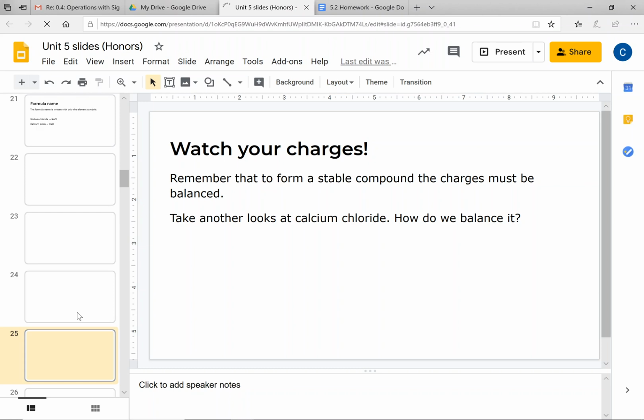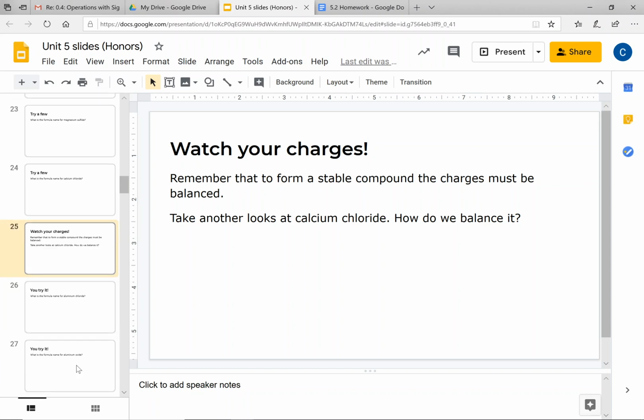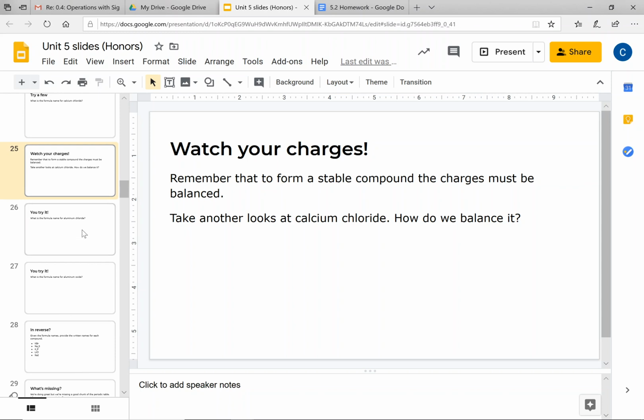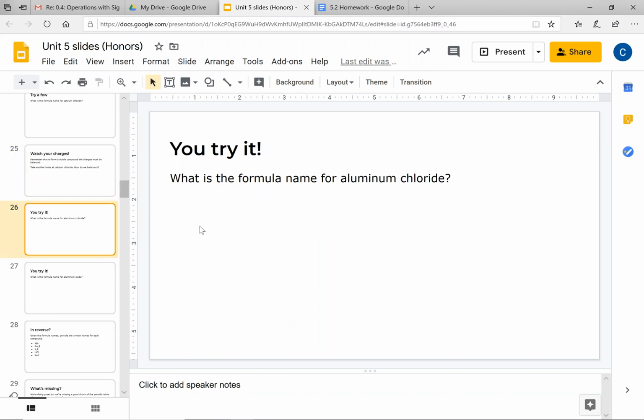We're going to try another one of these right here with charges that don't really play nice, right? Where they don't neutralize each other right away. So what's the formula for aluminum chloride? And go look up how aluminum would ionize. Go look up how chlorine would ionize into chloride. What's the charge on each one?